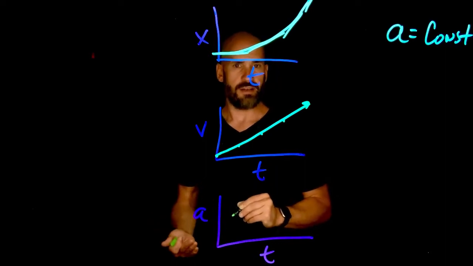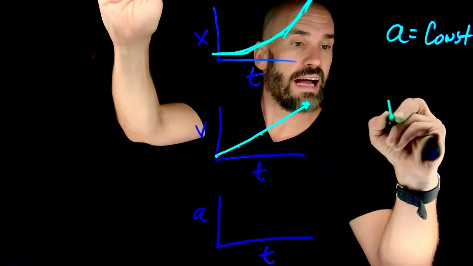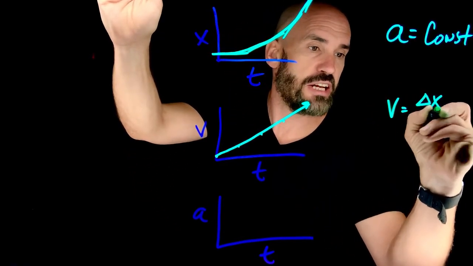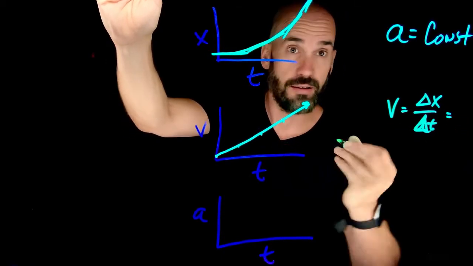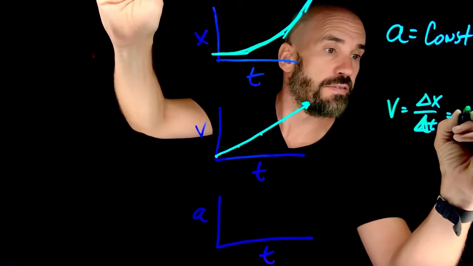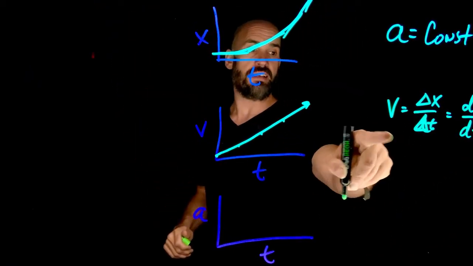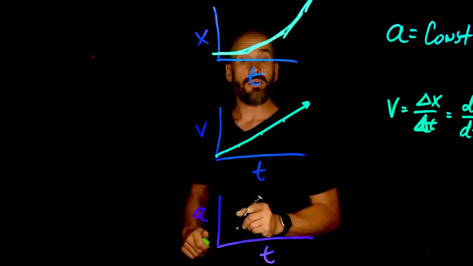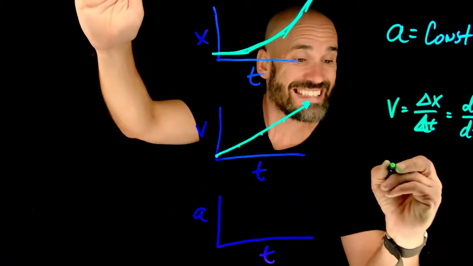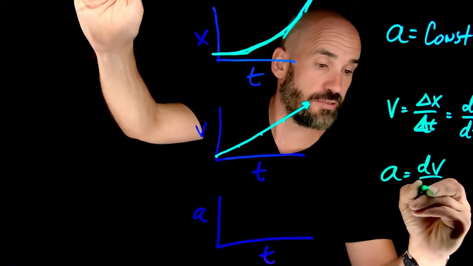No big surprises there. We learned this in calculus. Remember that velocity is change in x over change in time, and when you start talking about infinitesimal changes, you have dx/dt. In other words, velocity is the slope of position versus time. Now, acceleration has the same property. It is the slope of the velocity versus time graph.